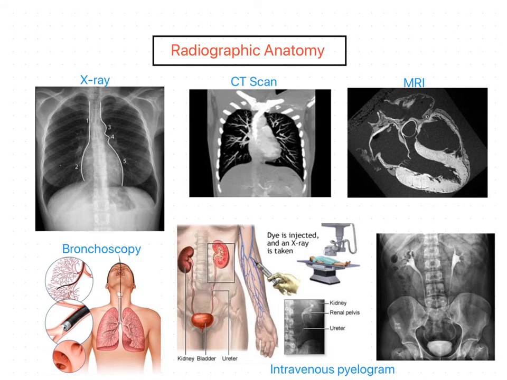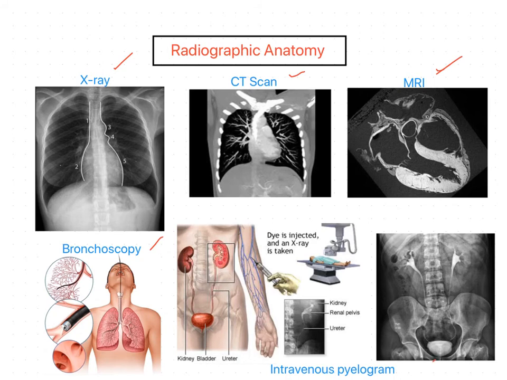Various parts of the body and organ systems can be visualized by X-rays, CT scans, and also ultrasound and MRI. So this is magnetic resonance imaging, and this one is the computed tomography scan. Okay, and other things are the bronchoscopy and intravenous pyelograms.